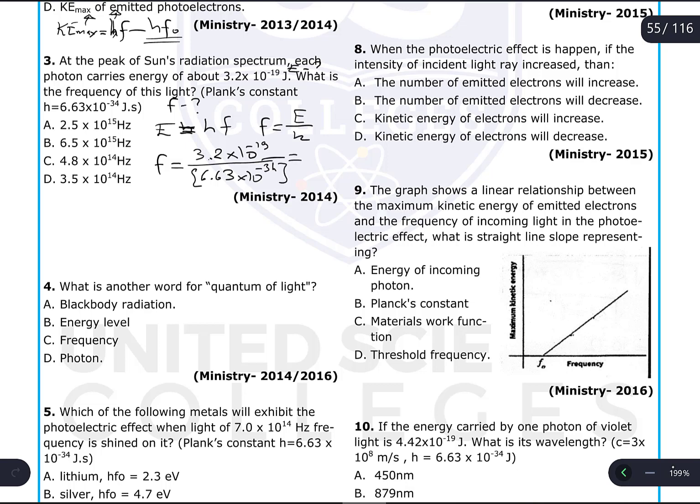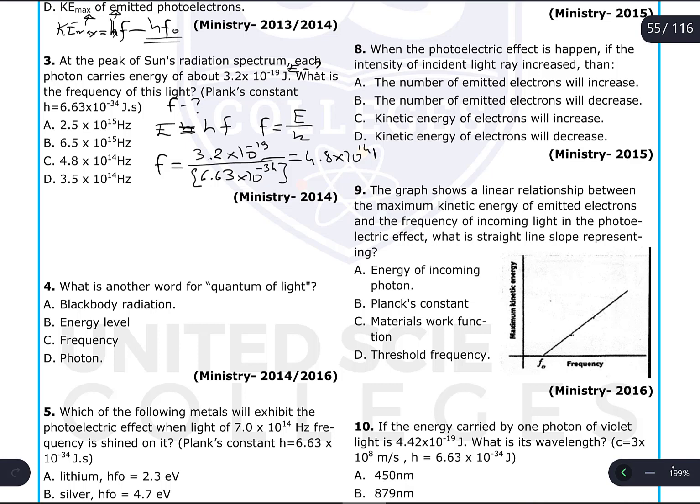Now let's apply the calculator. 3.2 times 10 to the power of negative 19 divided by, bracket, 6.63 times 10 to the power of negative 34, close the bracket. Answer is 4.8 times 10 to the power of 14.